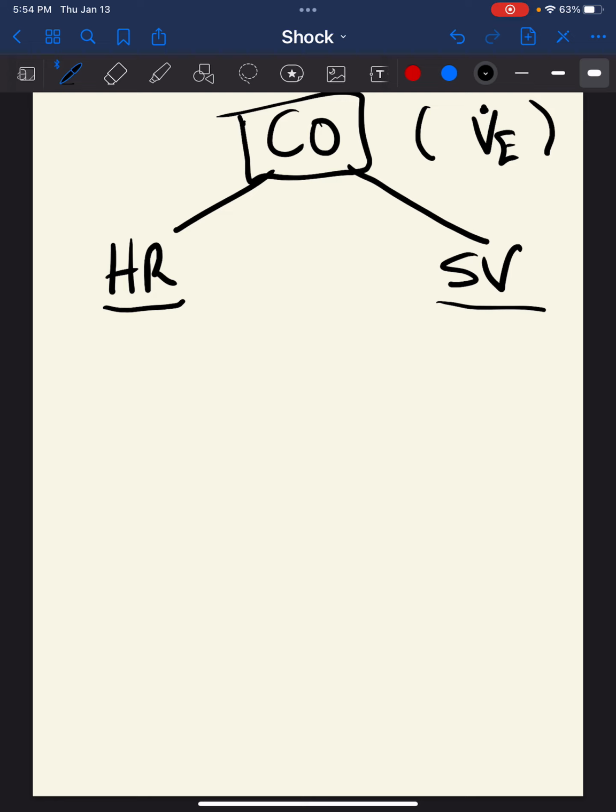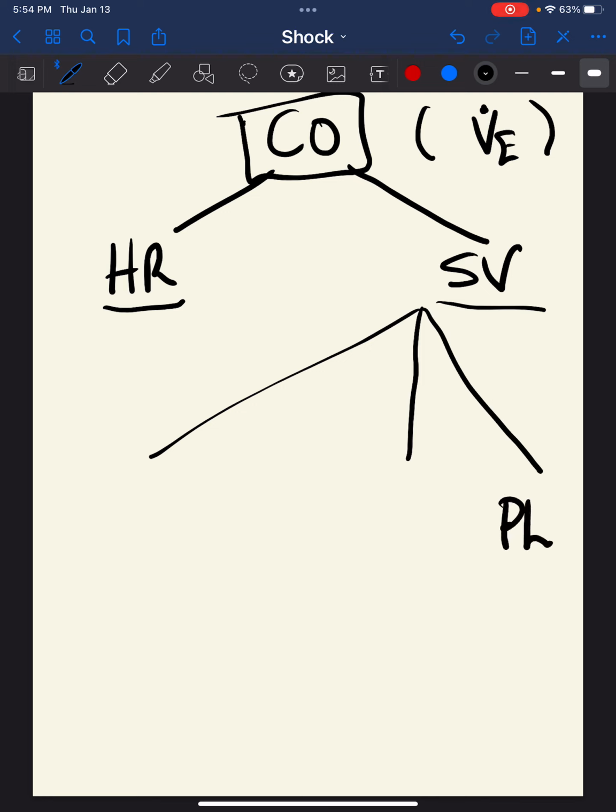Stroke volume, on the other hand, contains three components. It contains preload. That's how much blood gets into the heart on a beat by beat basis. Afterload is how much pressure the heart has to beat against.